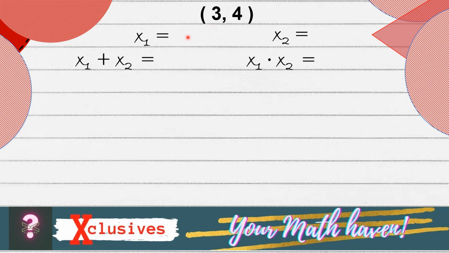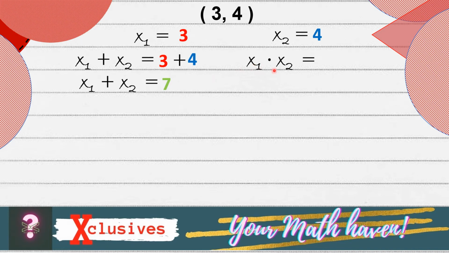So we can say that our x sub 1 is 3 and our x sub 2 is 4, or they can be interchanged. So by substituting x sub 1, that is 3, plus our x sub 2, that is 4. So our sum is 3 plus 4, that is 7.